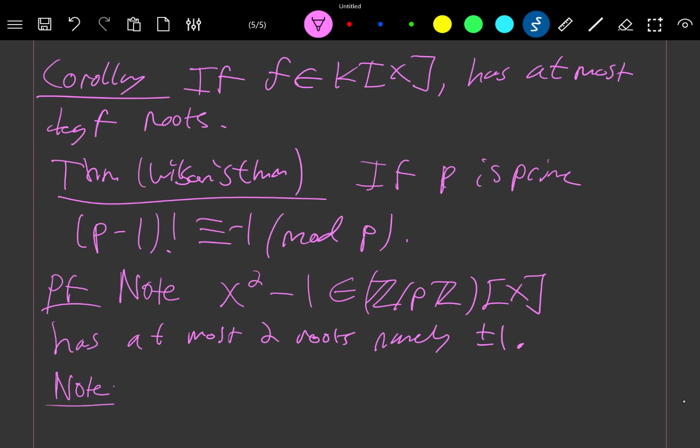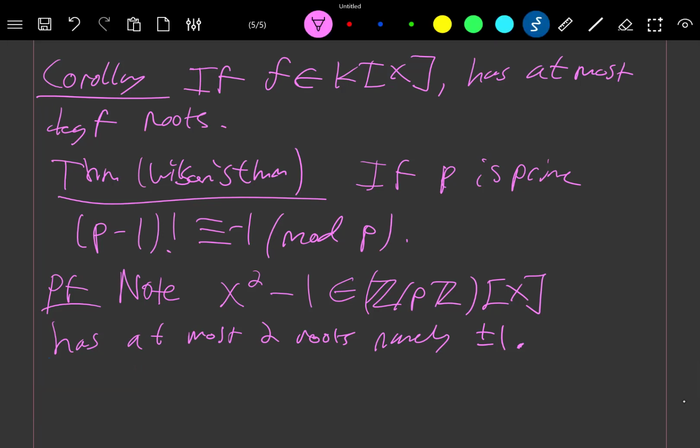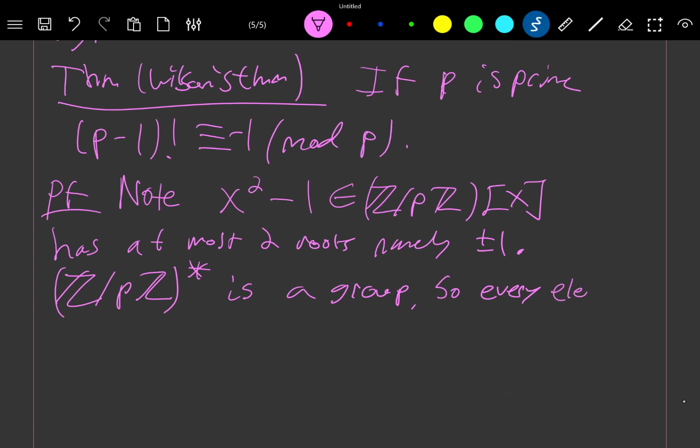So now we're going to use the fact that Z mod pZ star is a group, so every element has an inverse, and it has size p minus 1.